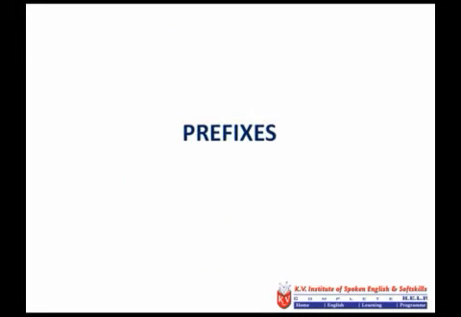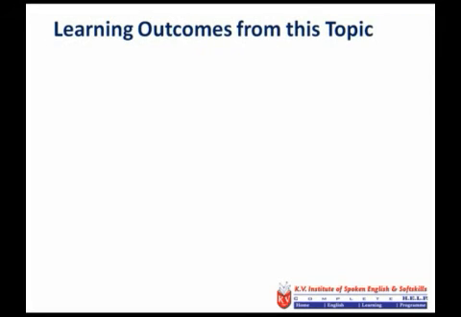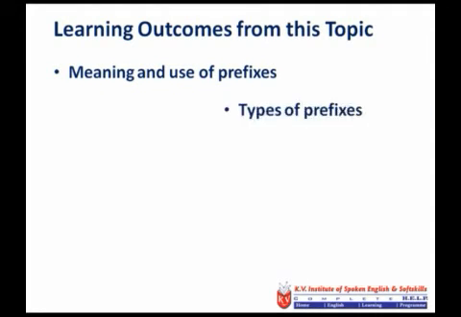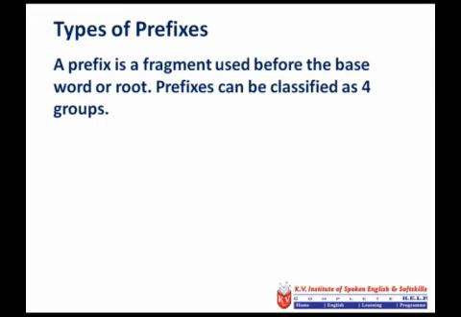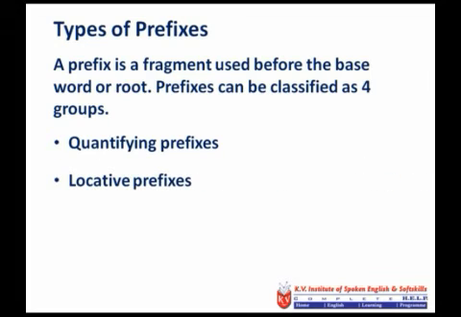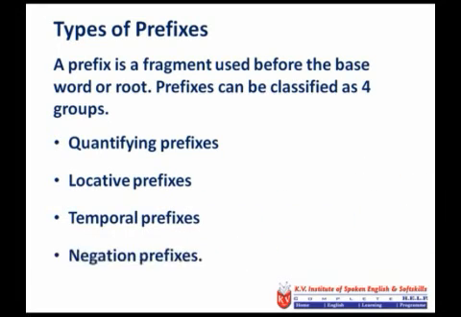Now let's go to our next topic, prefixes. You'd be able to learn about the meaning and use of prefixes and types of prefixes. Prefixes. A prefix is a fragment used before the base word or root. Prefixes can be classified into four groups: quantifying prefixes, locative prefixes, temporal prefixes, and negation prefixes.